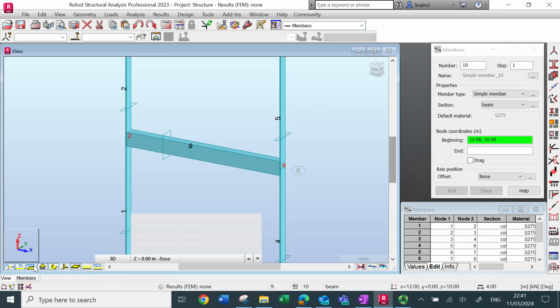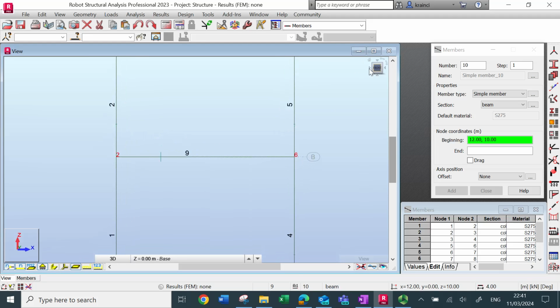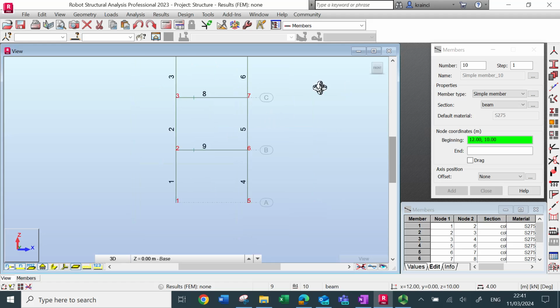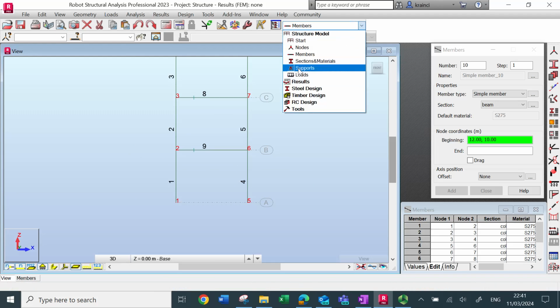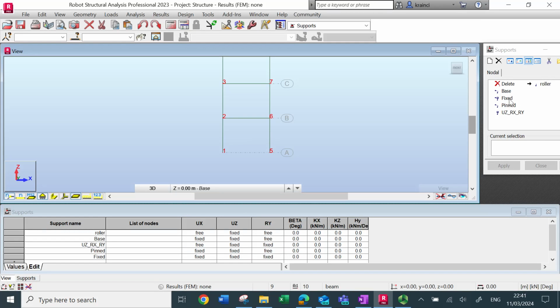I can now turn off these sections, and I can also go back to the 2D view, and I will need to add supports. Supports are fixed, and that's it.